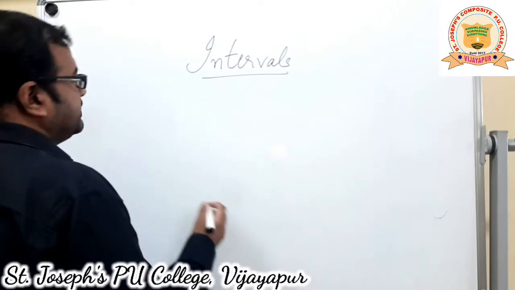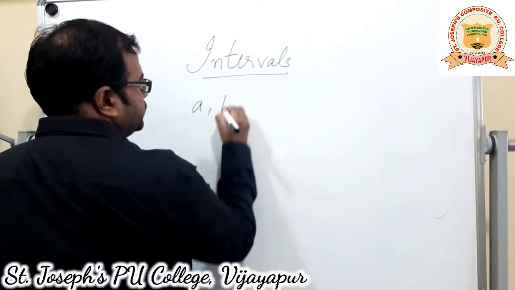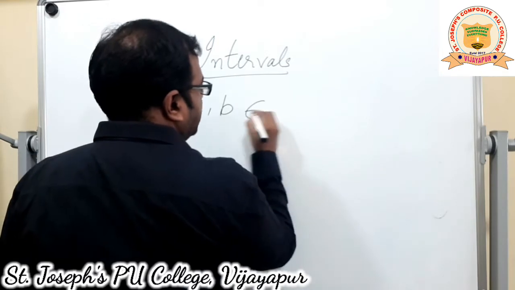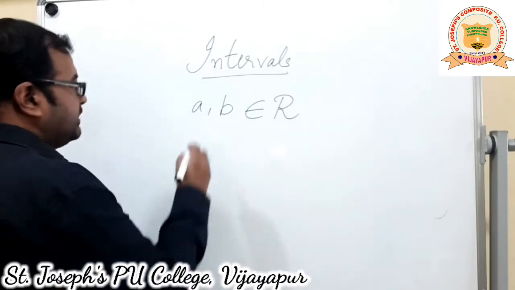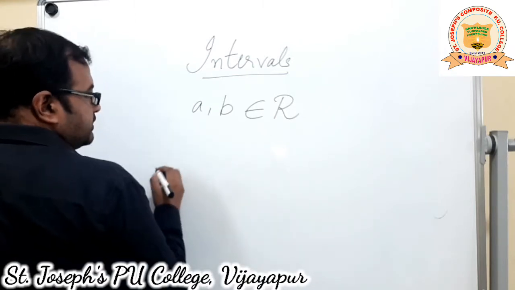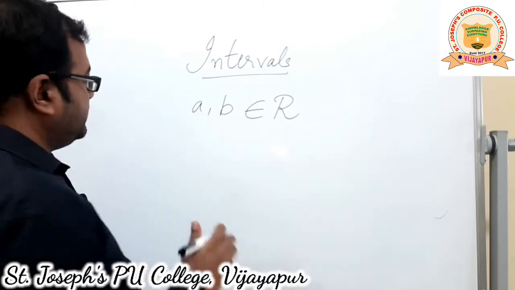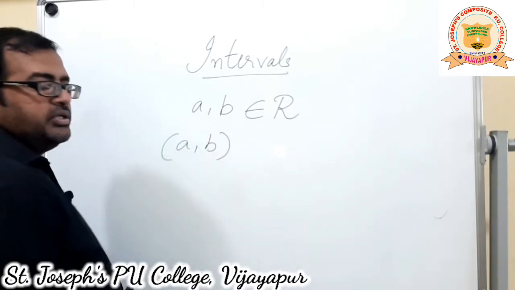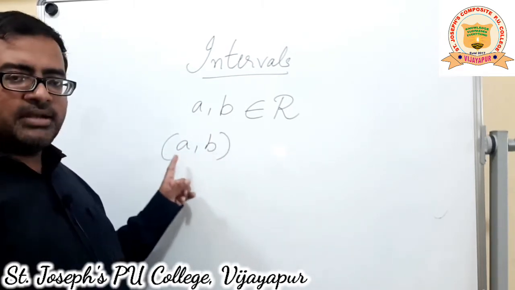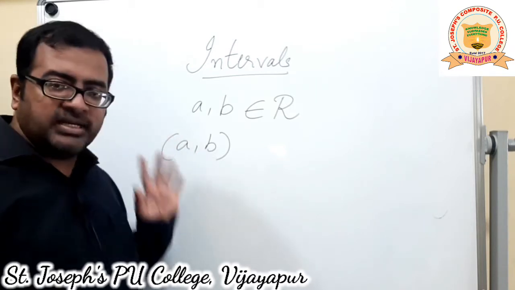Now if I consider any two arbitrary numbers from real numbers, then we can define an interval. This is how I denote an interval. A and B are the starting and the ending points.